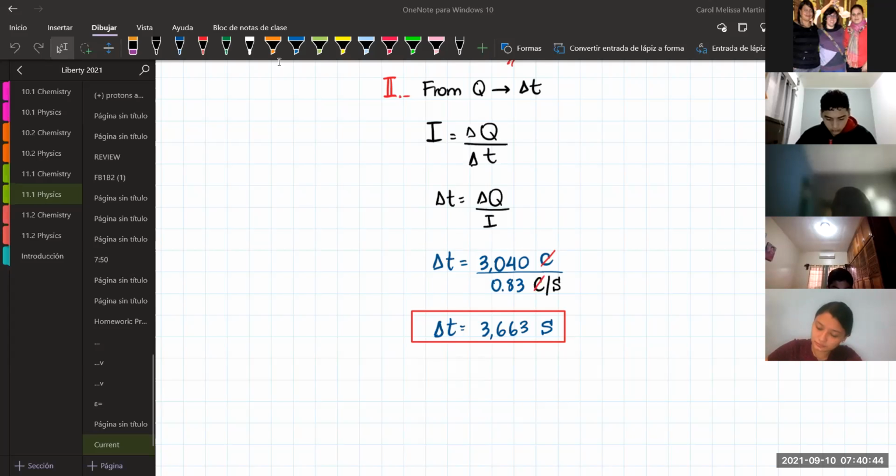But I'm just telling you that sometimes it's necessary that, in our daily talk, we use the more frequently used units. In the case of time, we can refer to time in hours. If you convert this to hours, it's going to give you around 1 hour. So you can say that it takes 1 hour for those electrons to pass through the filament and draw that amount.